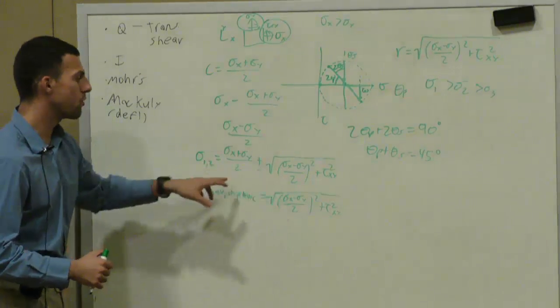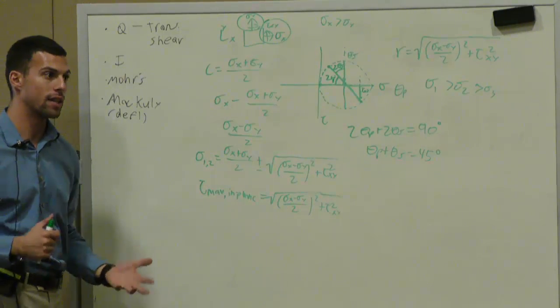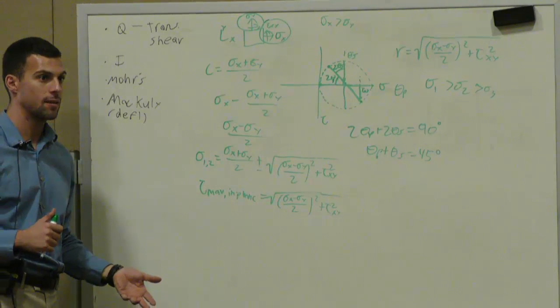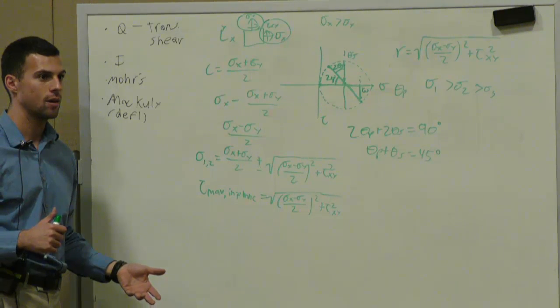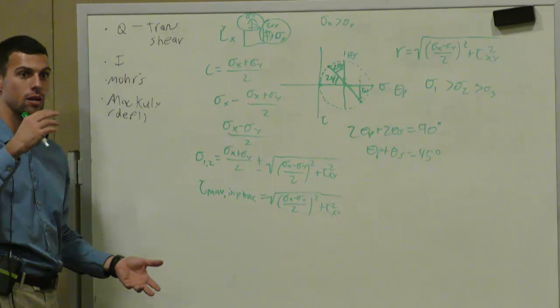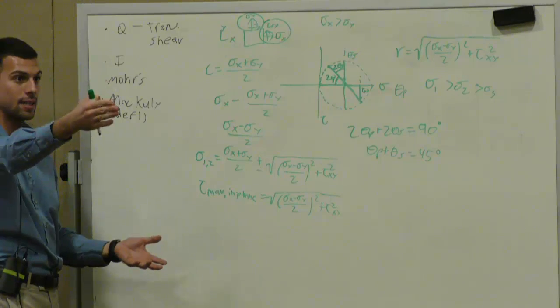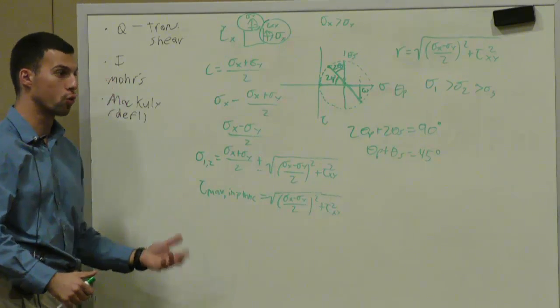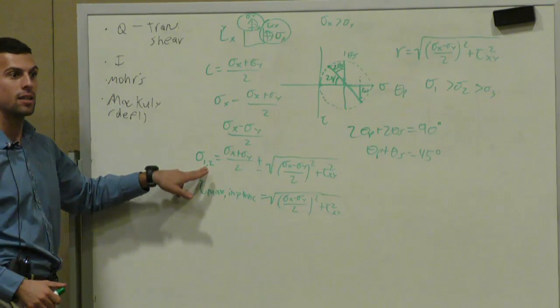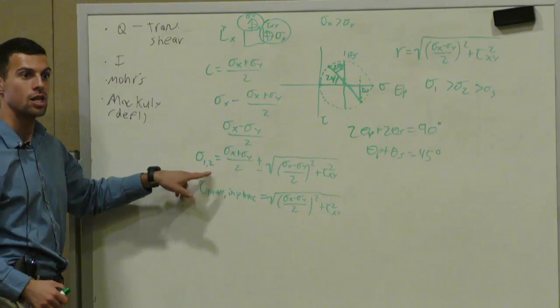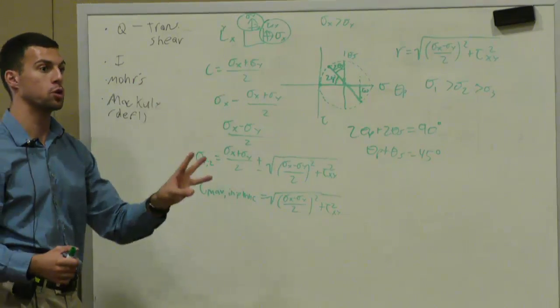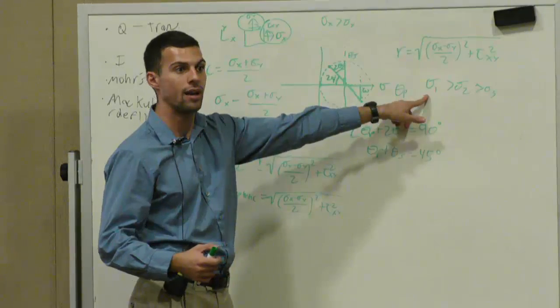If both of these turn out to be negative, what is your third principal stress? Always, your third principal stress is always 0. Is 0 greater than 2 different negative numbers? So your third principal stress is principal stress 1.